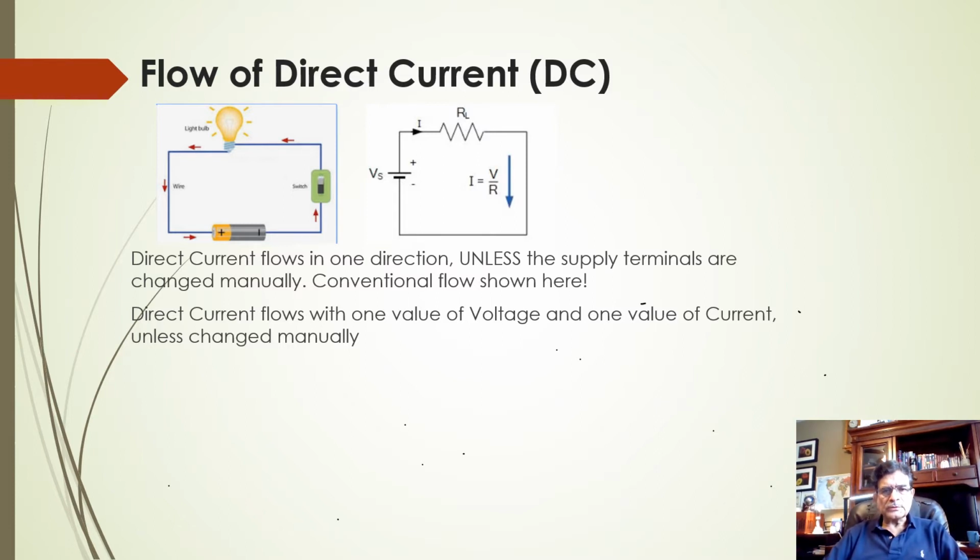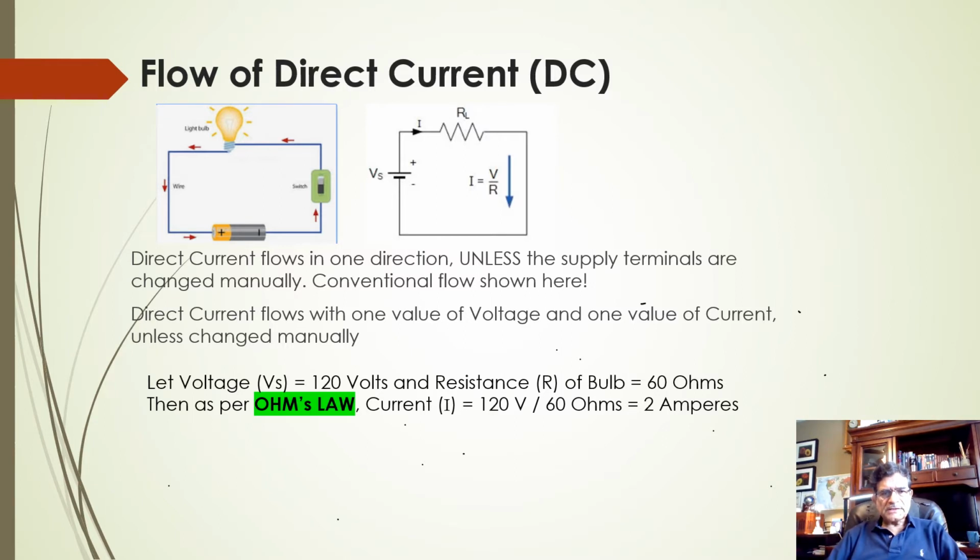So this is our Ohm's law. If we don't change the supply voltage or the load resistance, this current will always stay constant, and it will always flow in this clockwise direction, assuming a conventional current.